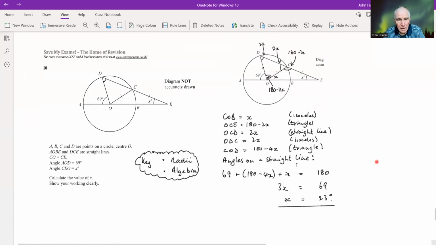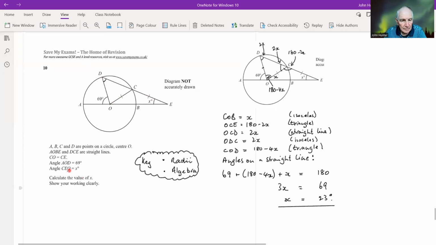Right, and finally, question 10. So this is an interesting one. We've got to see what's going on here. We've got a circle, and this is a diameter extended out to here. And then this line up here, these two are the same length.